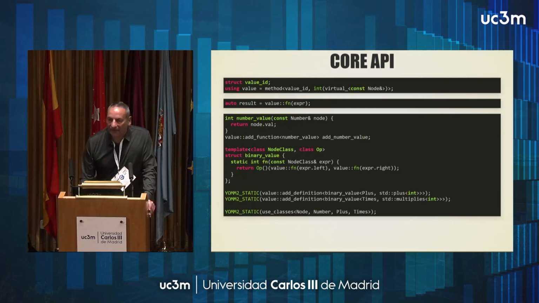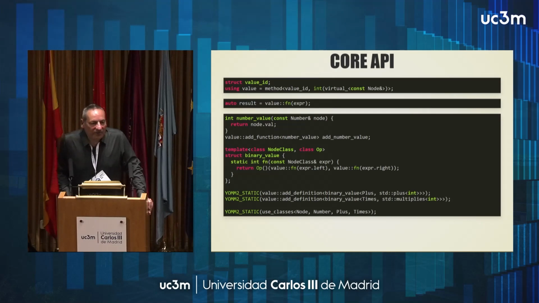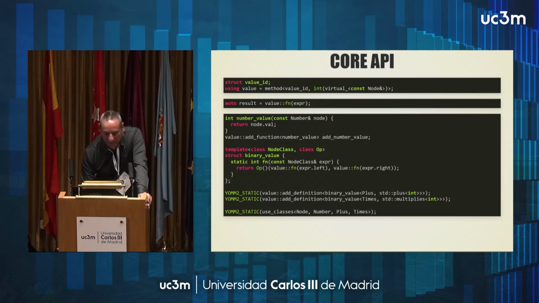Okay. How do you add definitions to this method? Well, it has 2 nested templates, add function and add definition. Add function is a low-level thing. It takes a function and adds it to the list of the definitions for that function. There's also add definition.